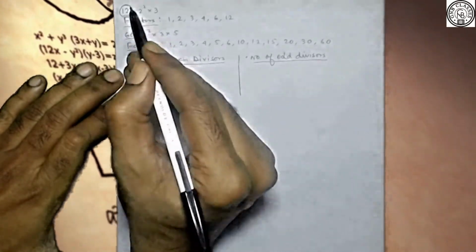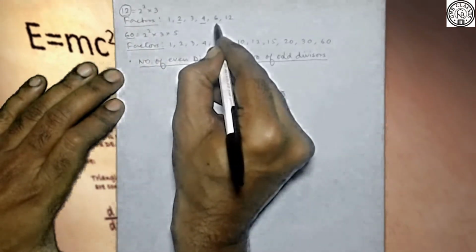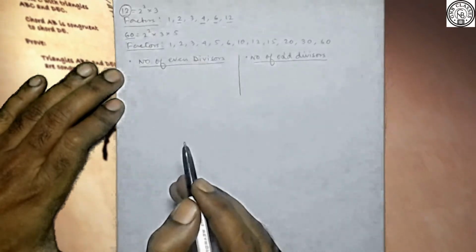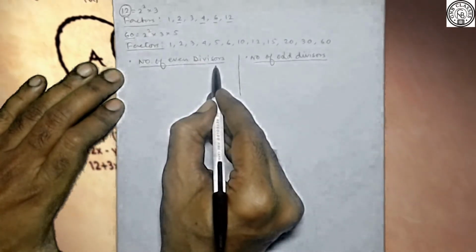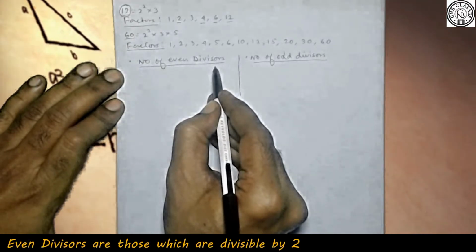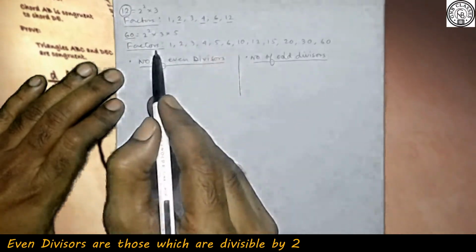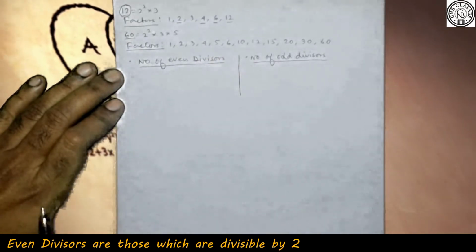For the natural number 12, what are the even divisors? 2, 4, 6 and 12. Even divisors means divisors which are divisible by 2. That is, in the factors, 2 should be one of its factors.